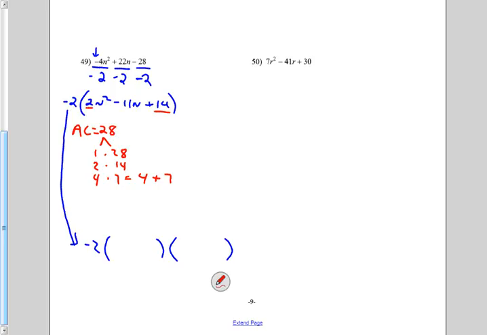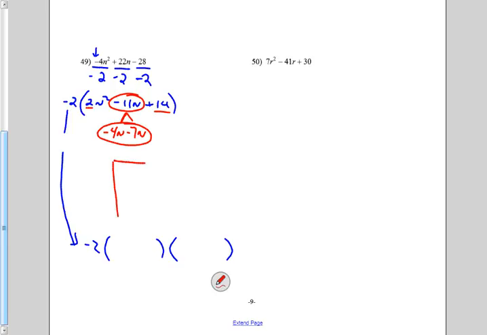So to make that negative 11, I'm going to do that. Negative 4 plus negative 7. And there we go. So my factors of AC, negative 4 minus 7. And there, I've taken my middle term and split it up into 2 so that I can do the box here.